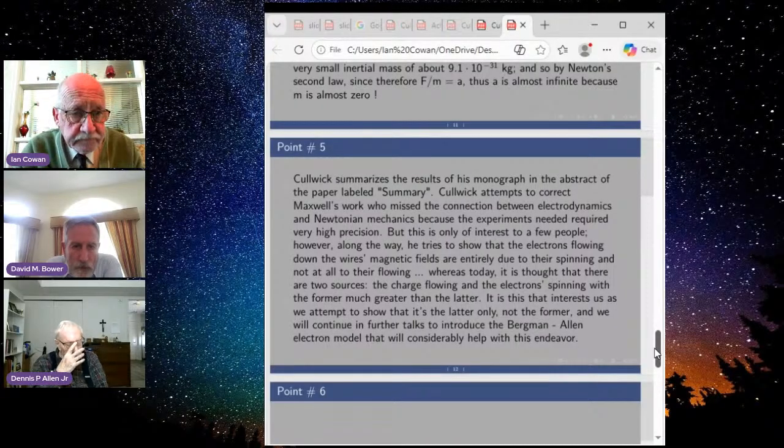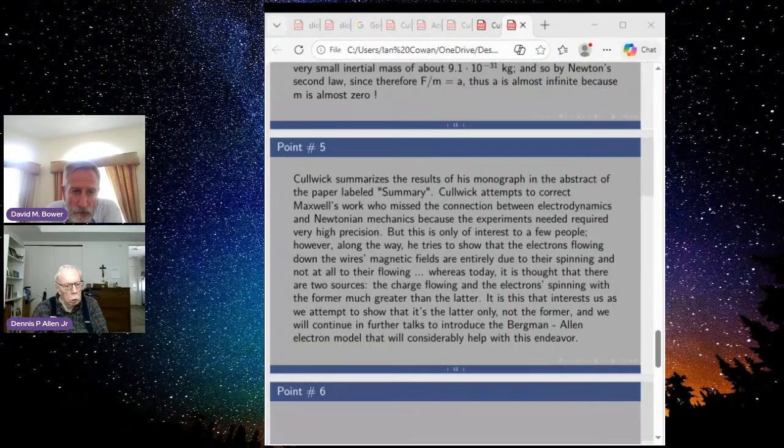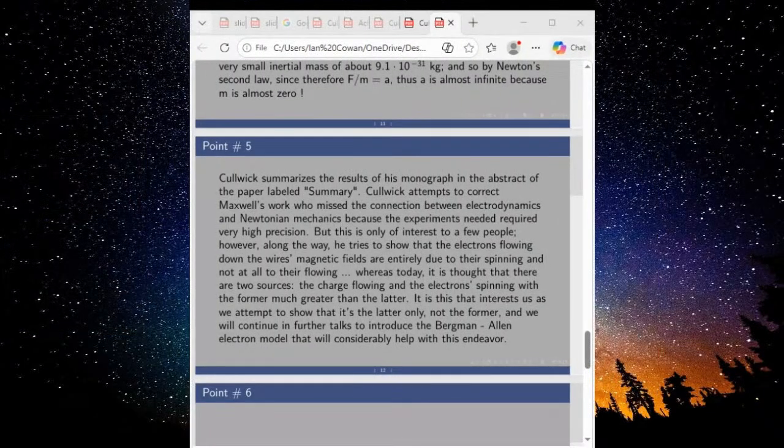Point number 5: Kowick summarizes the results of his monograph in the abstract of the paper labeled Summary. Kowick attempts to correct Maxwell's work, who missed the connection between electrodynamics and Newtonian mechanics because the required experiments needed very high precision. But this is only of interest to a few people. However, along the way, he tries to show that the magnetic fields of electrons flowing down the wires are entirely due to their spinning and not at all to their flowing.